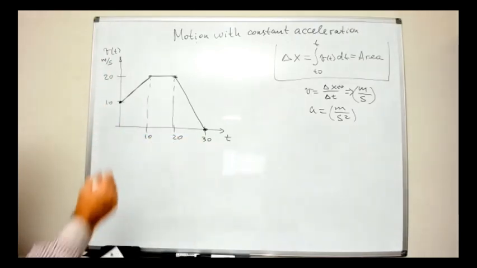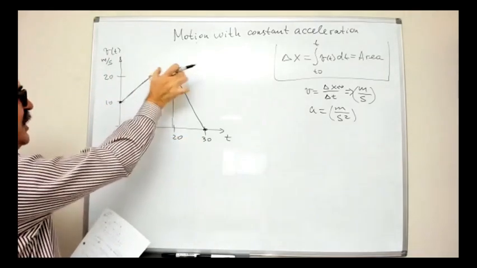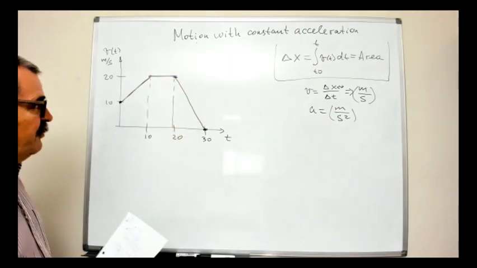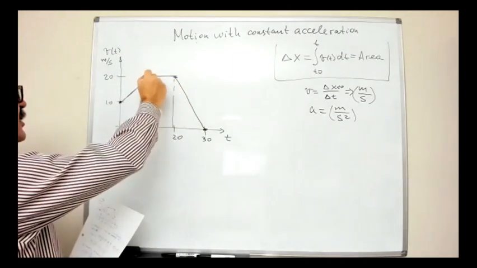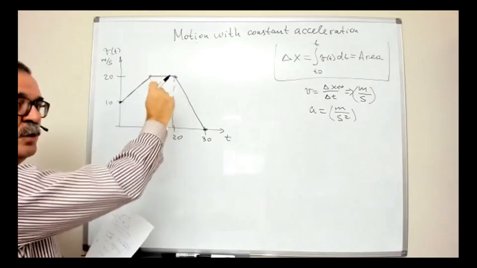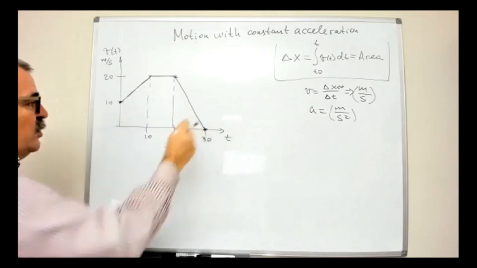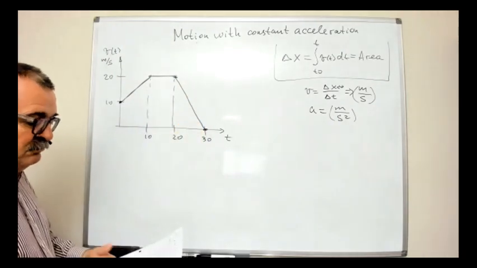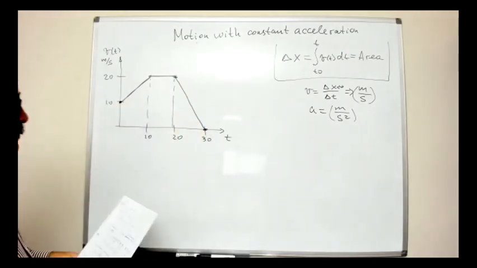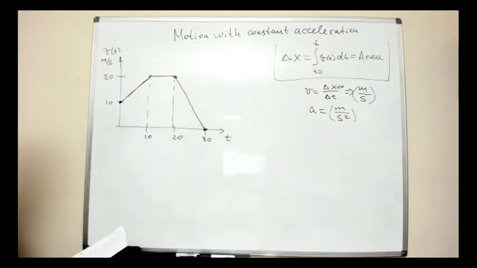You see there are apparently 3 segments here. First, the object accelerates, then it moves with the constant velocity, meaning acceleration is 0, and then it decelerates towards 0. And looking at this plot, there are a few questions that can be asked here.